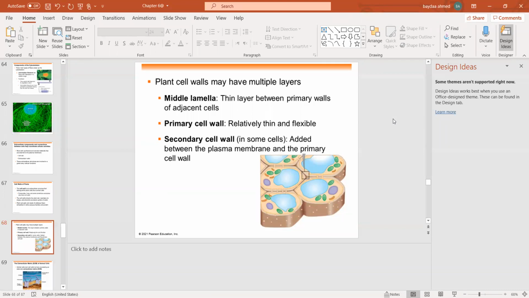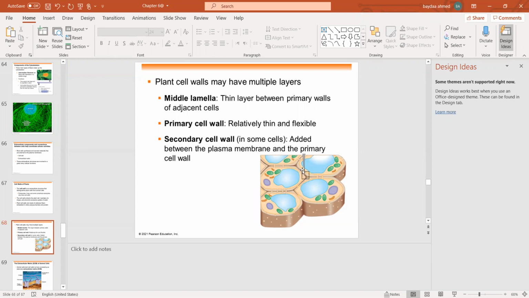A young plant cell first secretes a relatively thin and flexible wall called the primary cell wall. Between the primary cell walls of adjacent cells is the middle lamella.